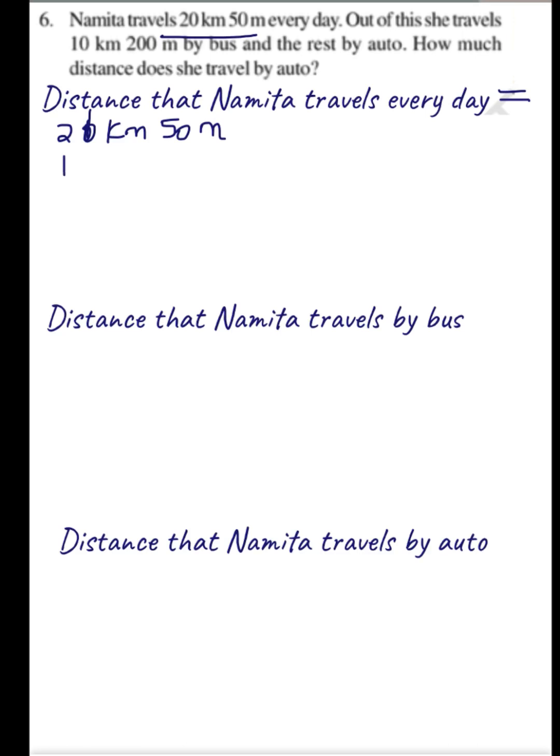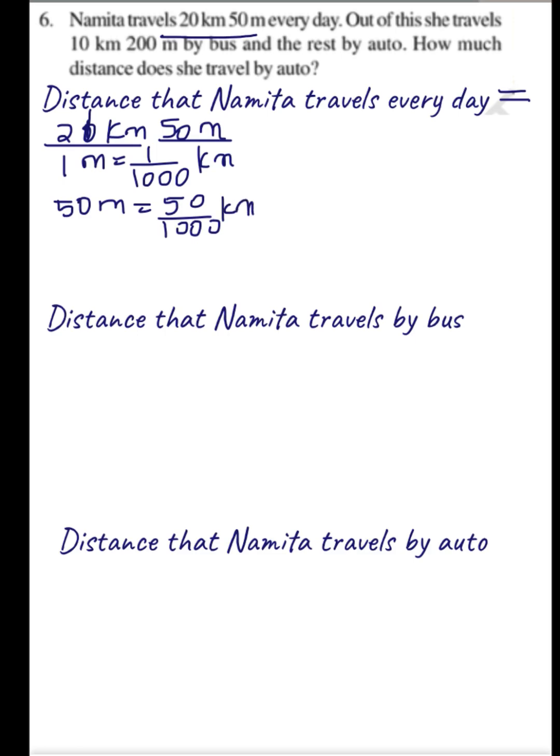You know that 1 meter is equal to 1 by 1000 kilometer. So 20 kilometer is already in kilometers, so you have to convert only 50 meter. 50 meter will be equal to 50 by 1000 kilometer. Now what is 50 by 1000? It will be equal to 0.050 kilometer.